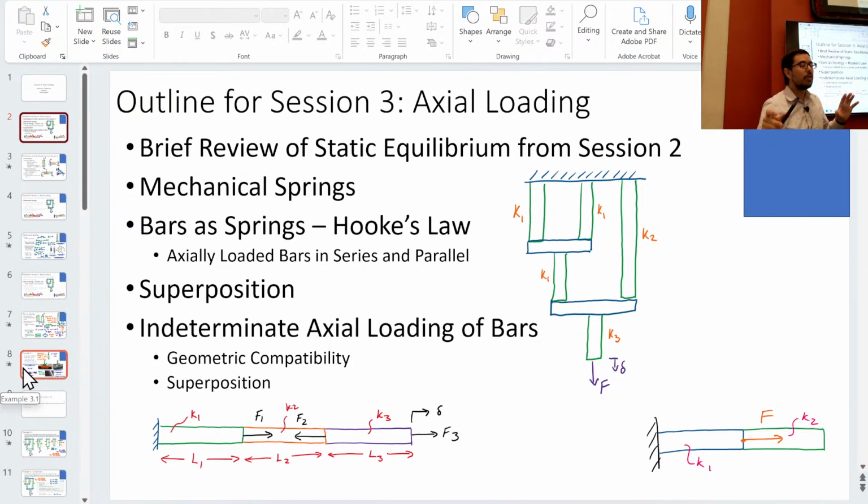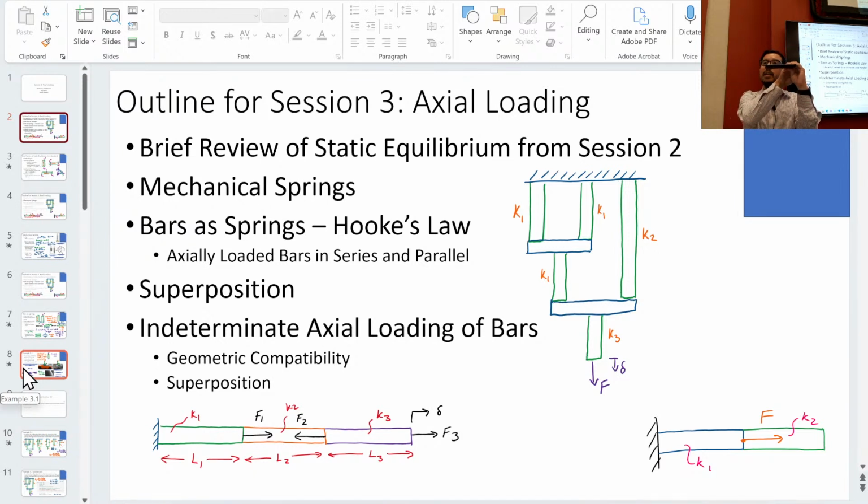Another, probably simpler to visualize, indeterminate problem is the following. I have a beam, and if I clamp one end of the beam, now I have gravity acting over here downward. This beam is statically determinate.